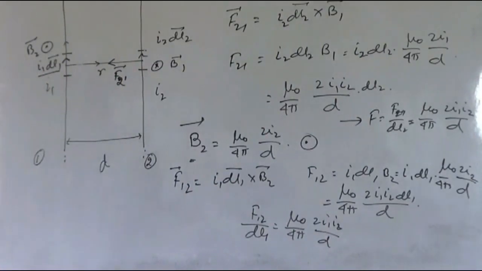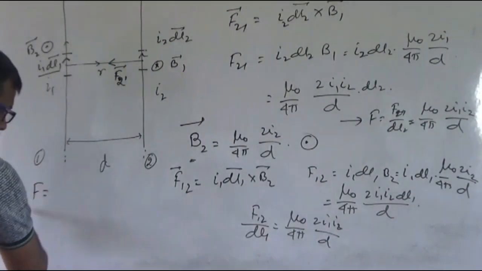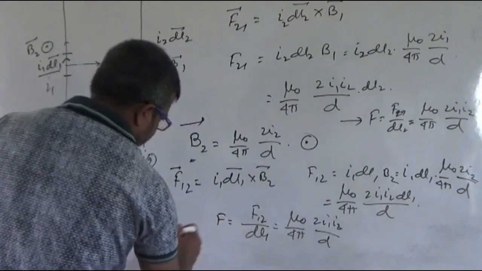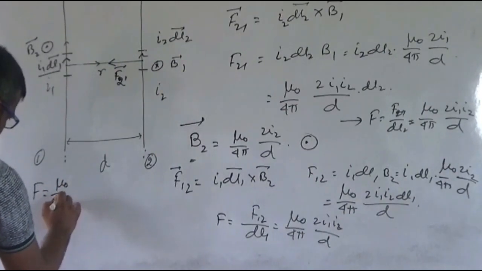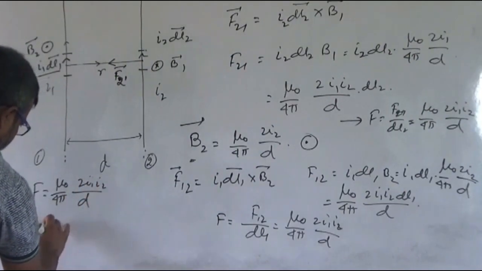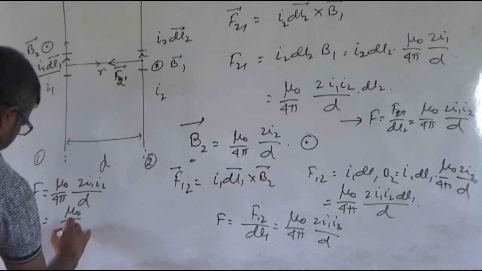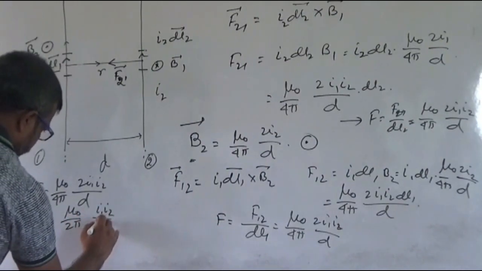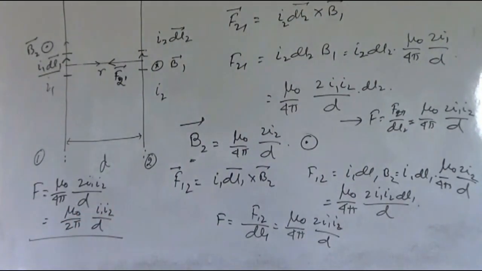That means the force per unit length of the conductor, F, is equal to mu naught by 4 pi into 2 I1 I2 by d. That means you can write mu naught by 2 pi I1 I2 by d. This is the force per unit length of the conductor, and it is the same for both.